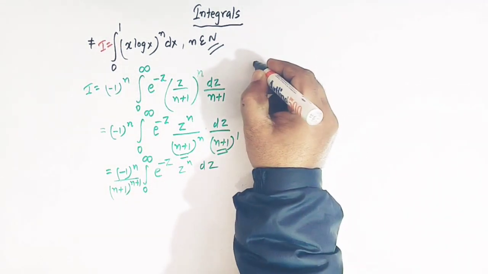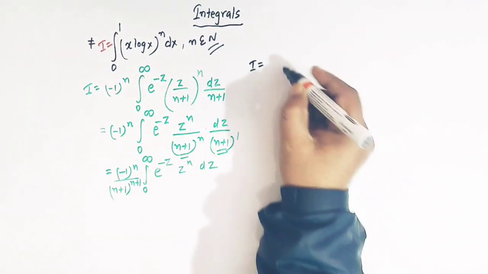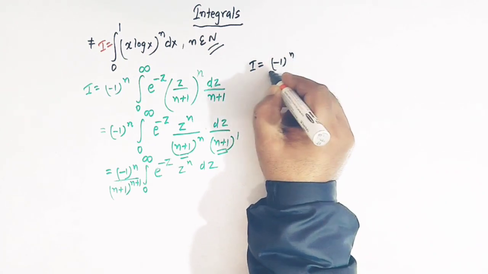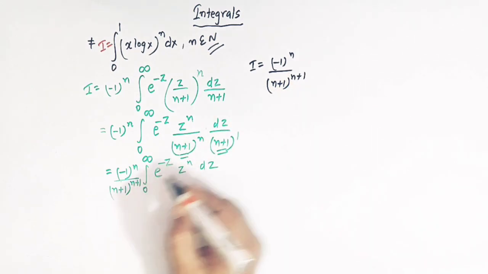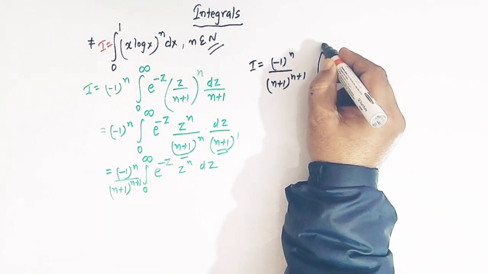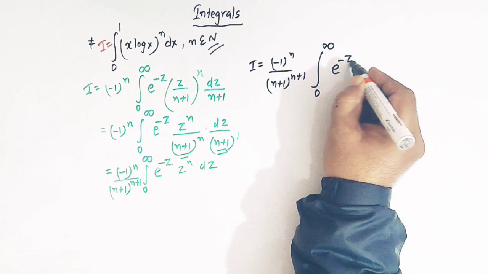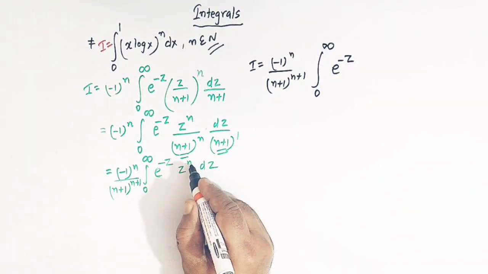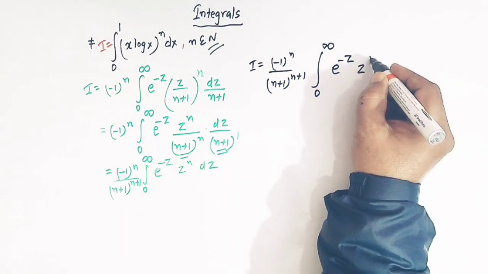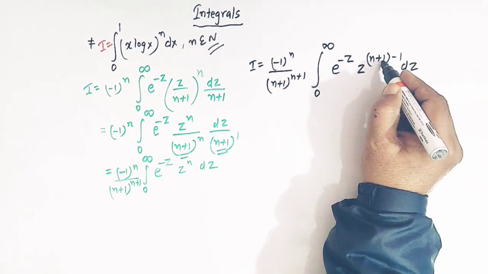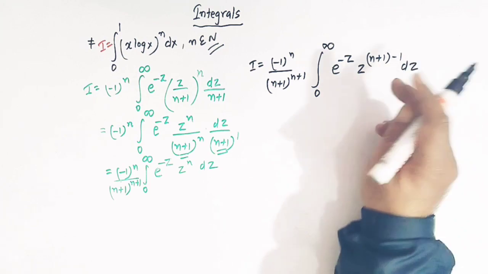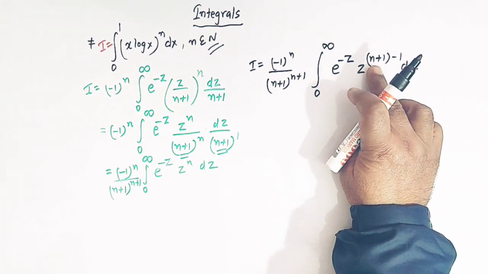Let us write this integral as minus 1 raised to n, (n plus 1) raised to n plus 1, integral from 0 to infinity of e raised to minus z, and z raised to n can be written as z raised to n plus 1 minus 1, because this one and this one get cancelled. Why have we introduced n plus 1?